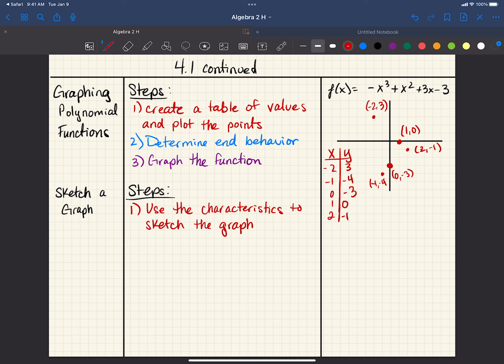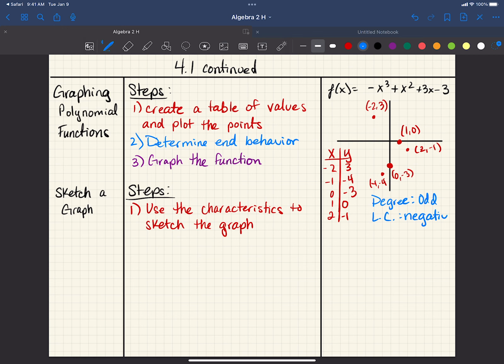Now it's a bit odd to see it set up like this, but now I'm going to figure out my end behavior. So like I already said, my degree was even. Oh no, I'm sorry, odd. A degree of 3 is odd, and my leading coefficient is negative.